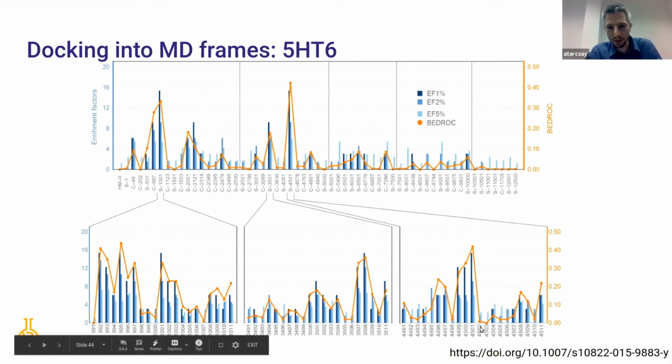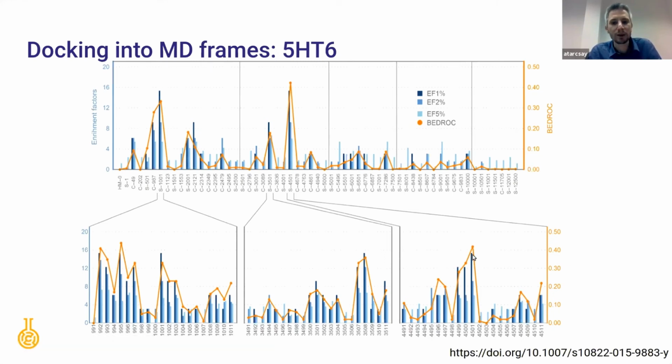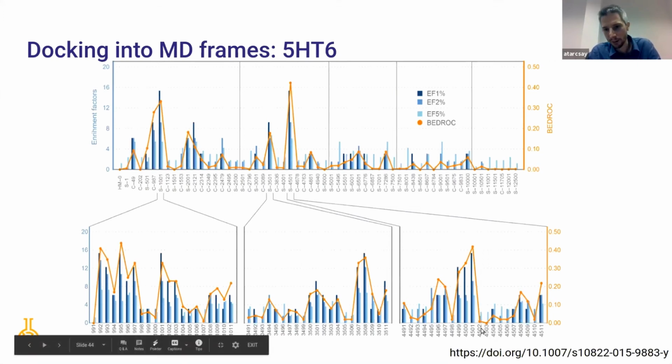And in some cases, when we had the snapshots just next to each other, one of them could produce high enrichment factors. It was more than 15 times higher, outranked actives. And then the next frame just couldn't produce any docking mode. And this is due to the movements of the protein.